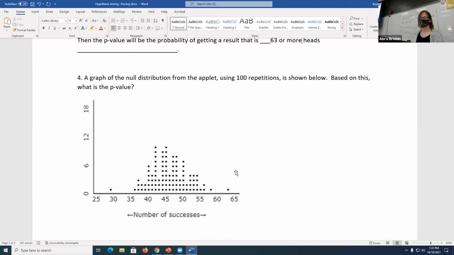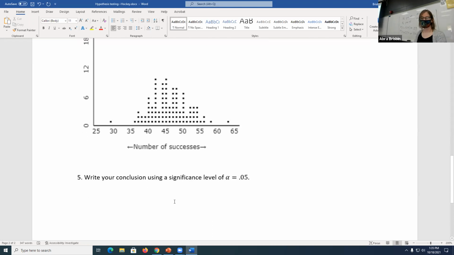One 100th, yeah, because there's one dot that's out here that's, I'm not sure if that's at 63 or 64, but one dot that's out here that's at least as extreme as 63 out of 188. So go ahead and try writing our conclusion using a significance level of alpha equals 0.05.